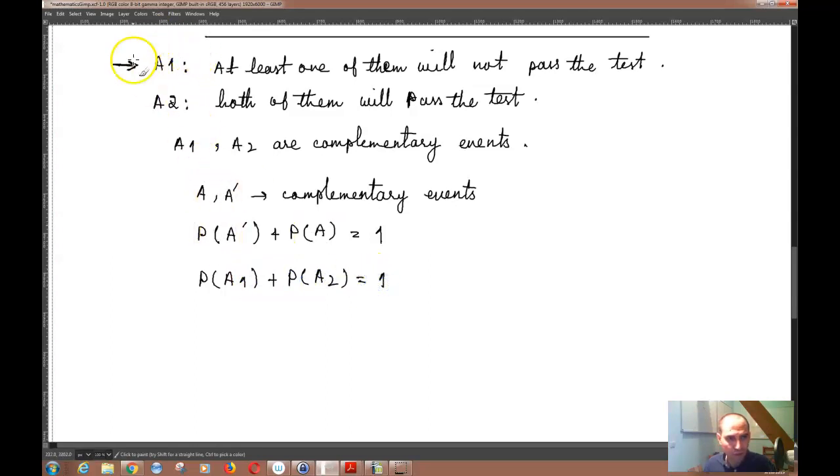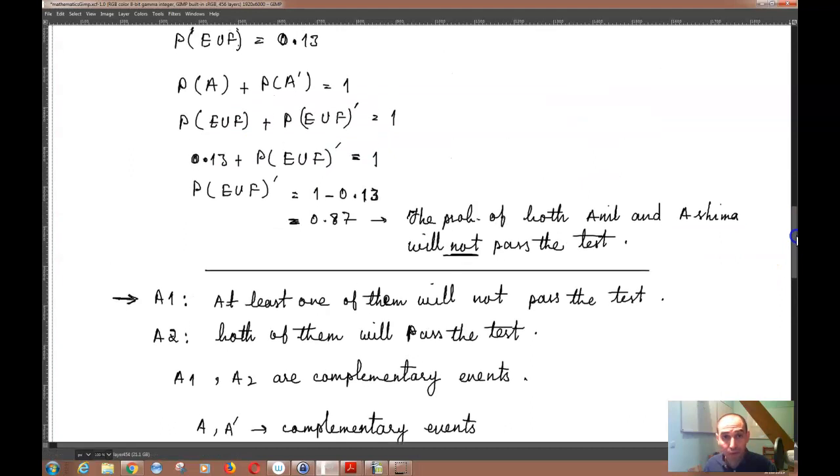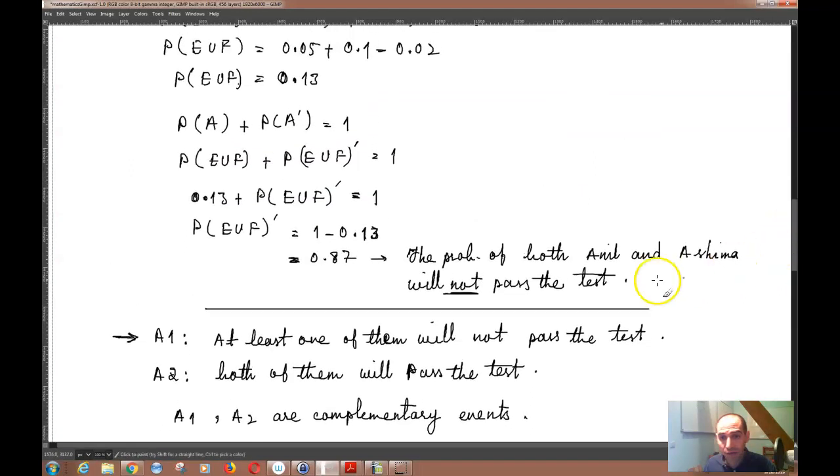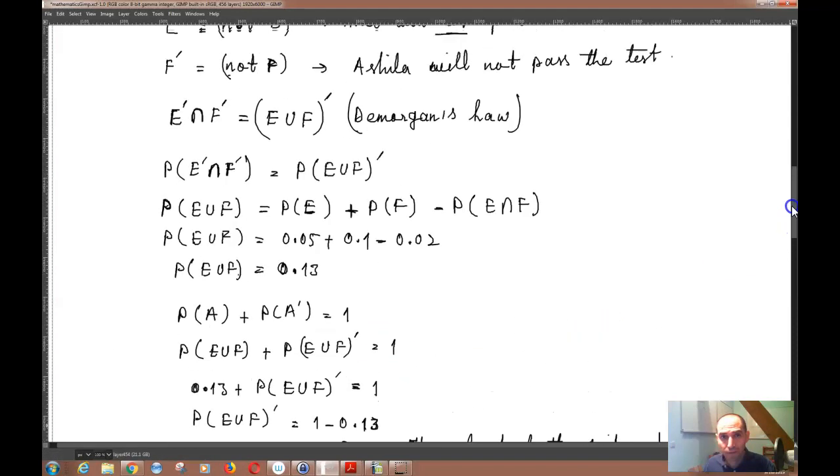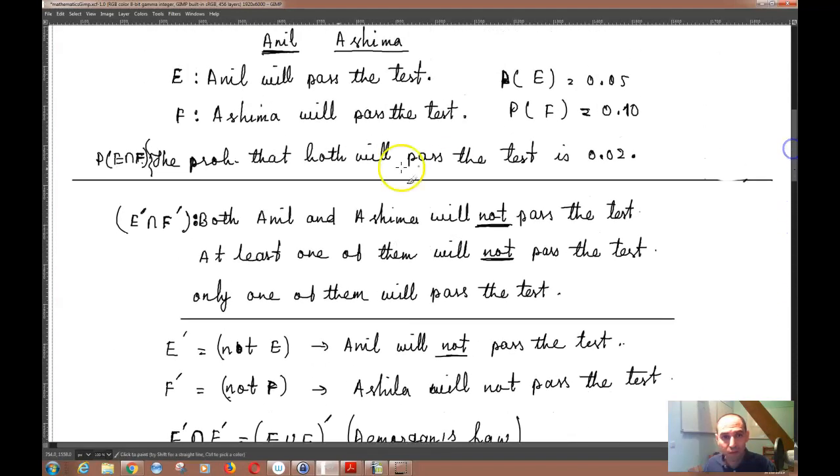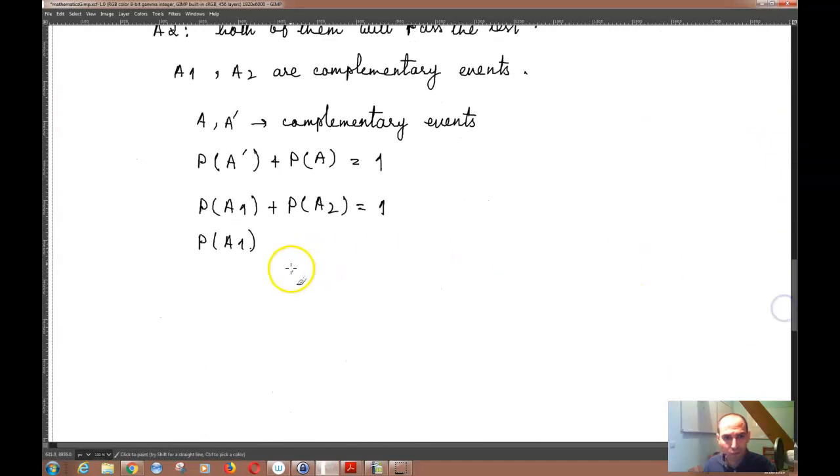Now P of A1 is what I want to calculate, so I just write it as P of A1. P of A2 is the probability that both of them will pass the test, and over here we had the probability that both will pass the test was 0.02, and that is equal to 1.